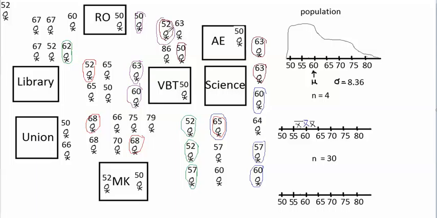So these 4 people in brown are a different possible sample than the 4 people in purple.